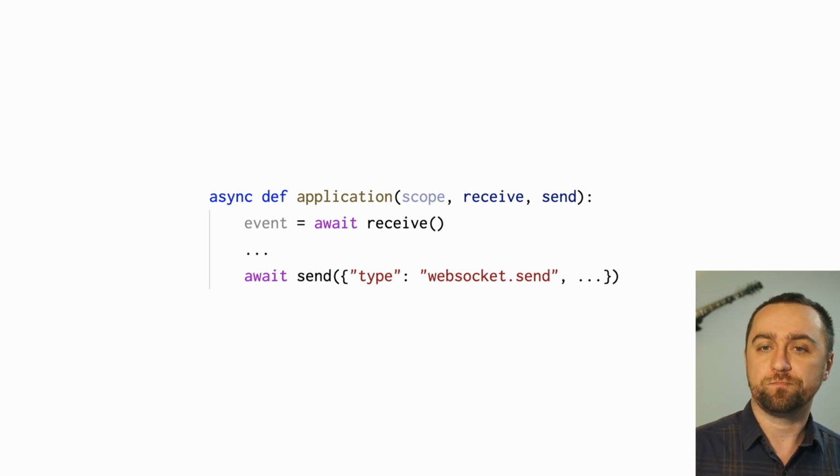It also takes send, an asynchronous callable that lets the application send event messages to the client, and receive, that's in the middle, an asynchronous callable which lets the application receive event messages from the client.